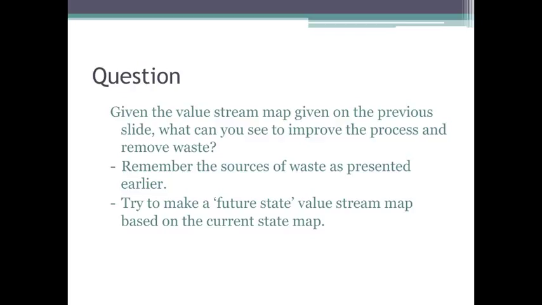So, ultimately what we do is we find these sources of waste. We find places that the process can be improved. And based on the current map, we come up with a future state map. The idea here is to take what is now and make some idea of the future.